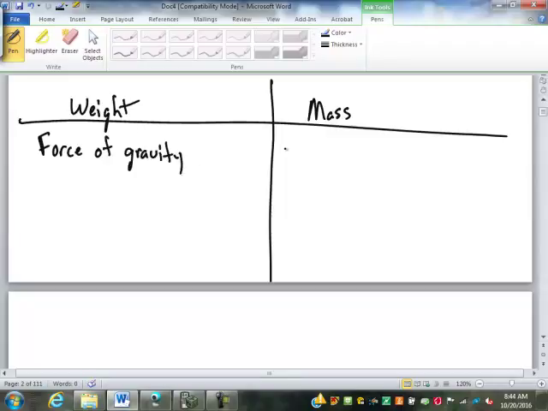Mass is the measure of the amount of matter in an object. In other words, how many particles, how many atoms make up that object.